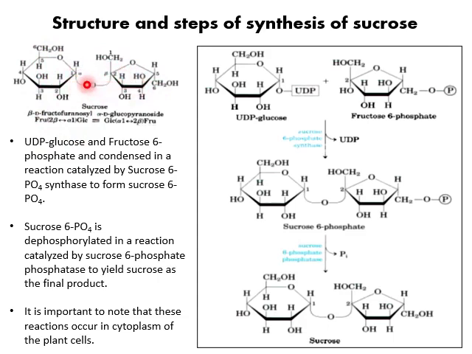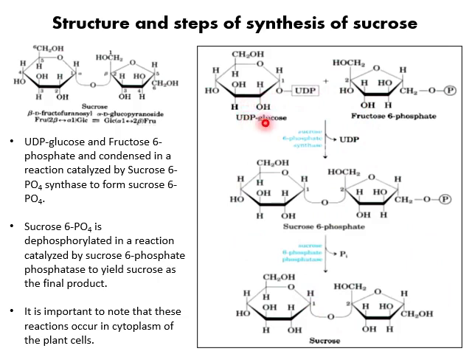Both are joined together by this glycosidic bond, and this is the chemical, you can say, IUPAC name of sucrose. It's beta-D-fructofuranosyl alpha-D-glucopyranoside.